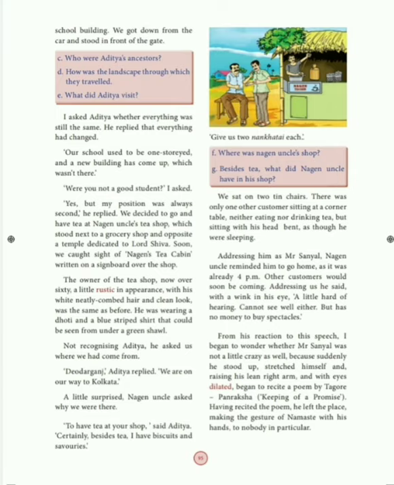After visiting his school, as his wish, he reached the tea shop to have a cup of tea. What happened after having tea and what things happened in the tea shop, we will see in our next class.